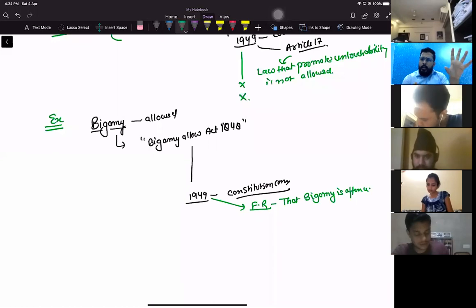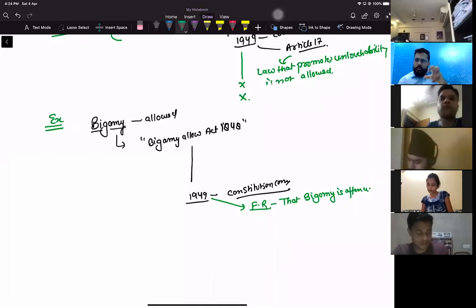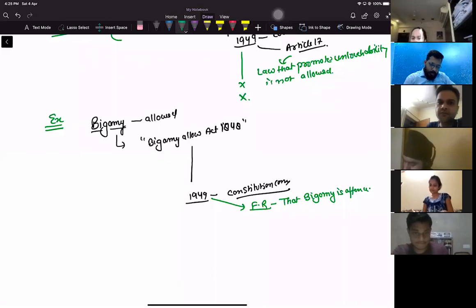All is hypothetical, everything has been hypothetically created by me. ऐसा कोई law नहीं है, ऐसा कोई fundamental right नहीं है. But हम hypothetically एक situation create कर रहे हैं कि एक law था Bigamy Allowed Act 1848 और 1949 में Constitution आया, उसने बोला fundamental right में कि bigamy is now an offence. That means you cannot claim bigamy, monogamy follow करनी है. That means इसके बाद से ये law unconstitutional हो गया.